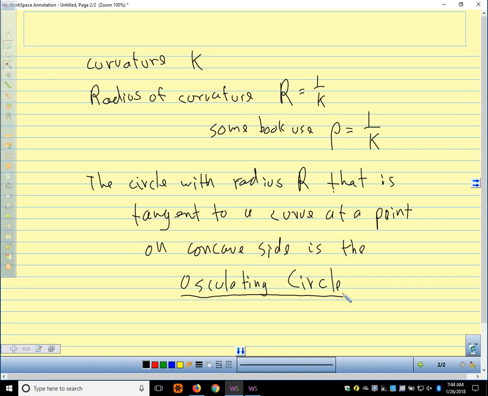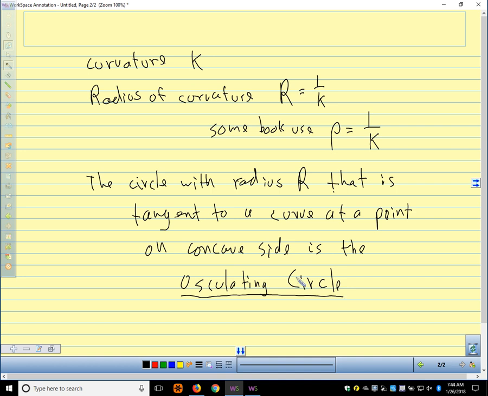And what the osculating circle does is it's very similar to what we did with a Taylor series, where we approximated a function with a constant, and then we approximate a function with a linear function, and then we can approximate a function with a second degree so the second derivatives match.